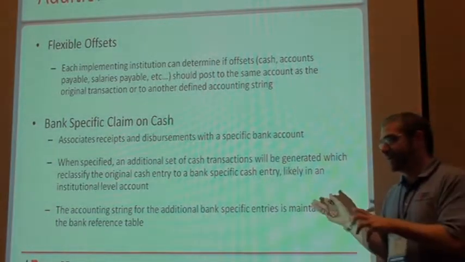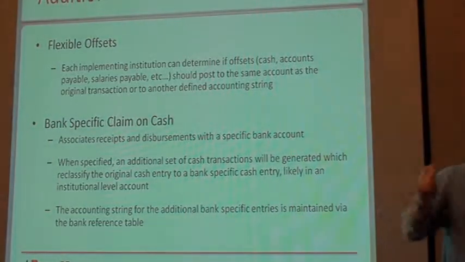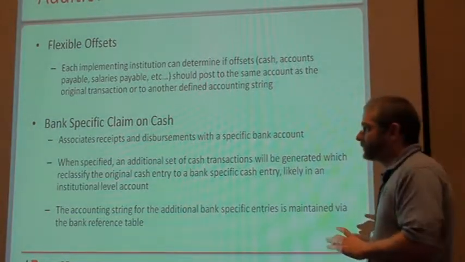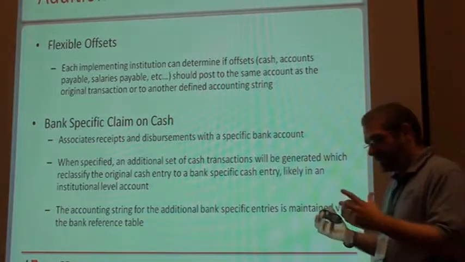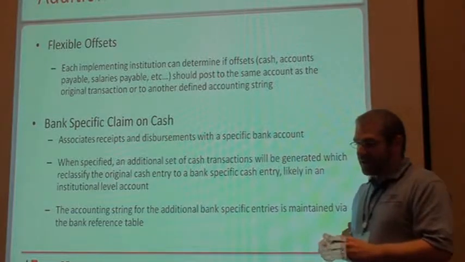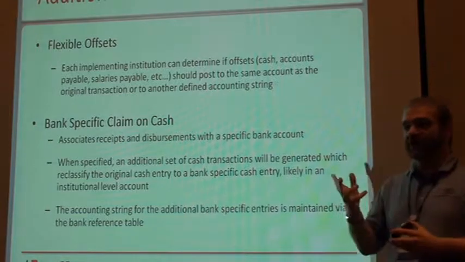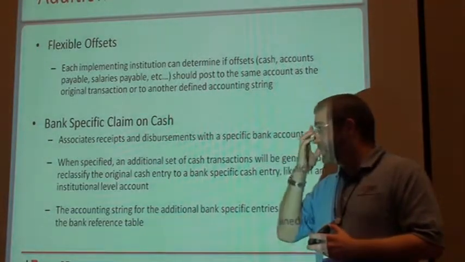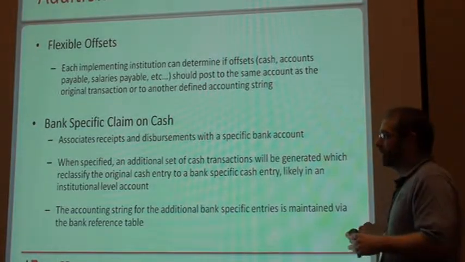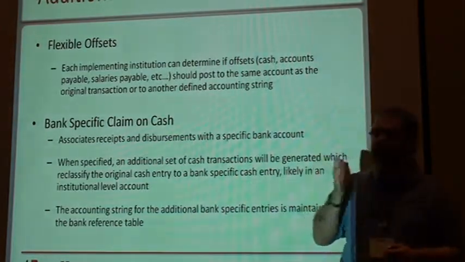Similarly, we have several documents in KFS that are associated with receipts, so money coming into the institution, or disbursements, money going out of the institution. Some institutions who were looking at KFS, some of our partner schools, wanted to be able to specify what type of offset was done and where it was done based on the bank involved in that transaction. So this is a bank-specific claim on cash feature that exists in KFS. When you turn this on, on these documents you can actually specify a bank code.